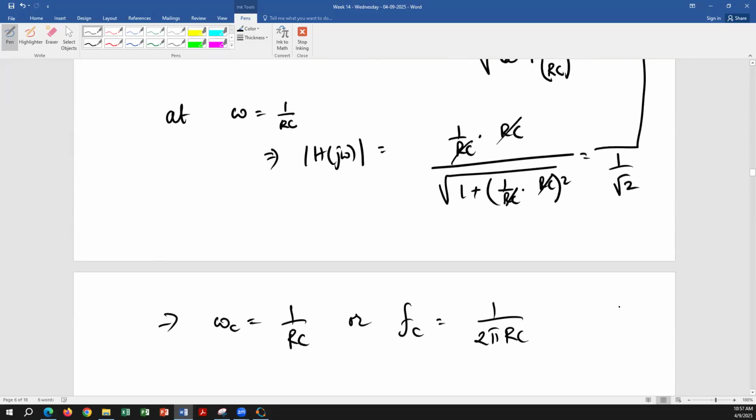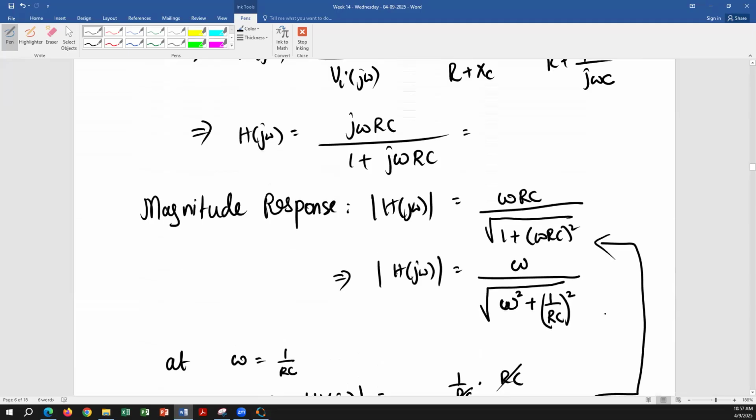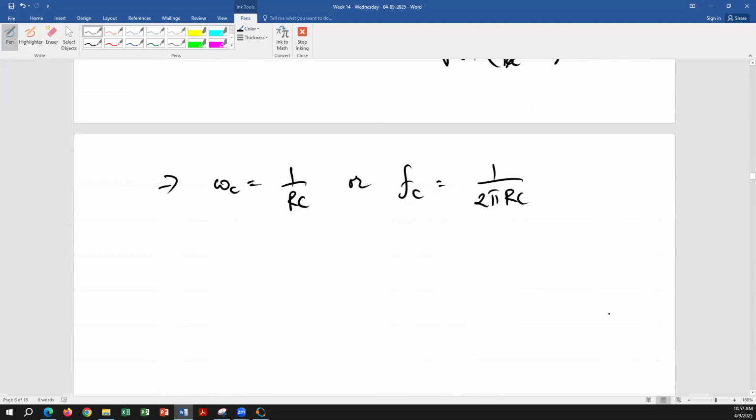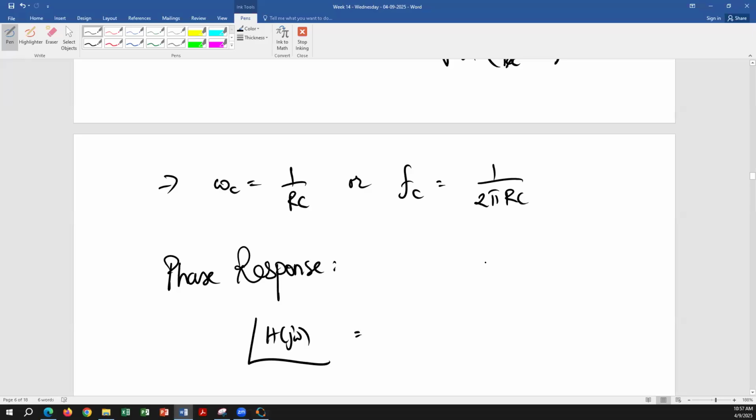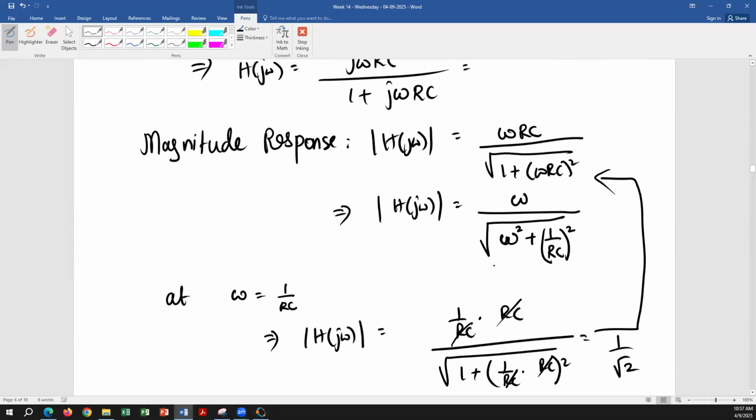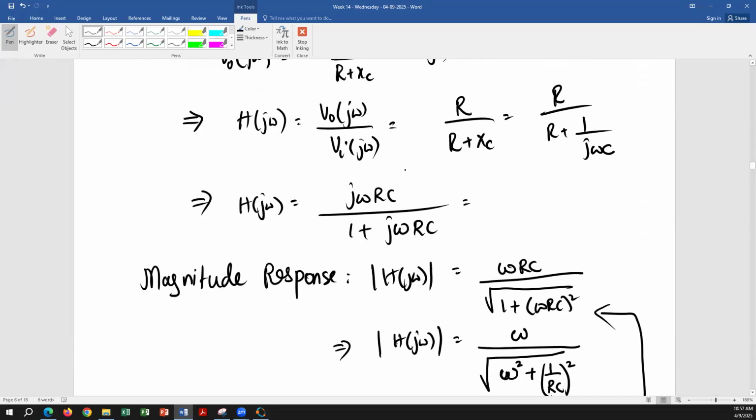All right. As far as magnitude response goes, what will be the magnitude response expression? Who's going to tell me now? The phase response, sorry, not magnitude. All right, guys, phase response equation from this.